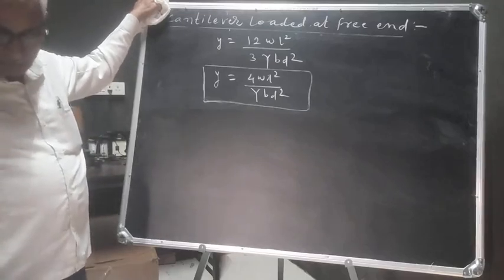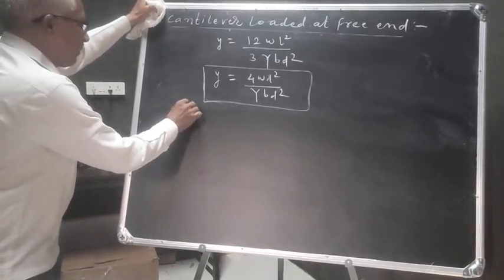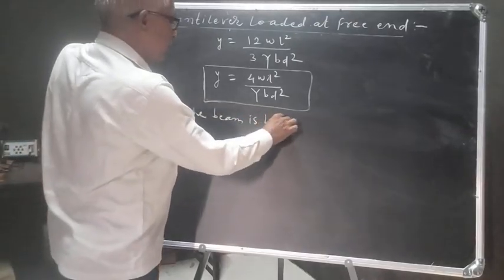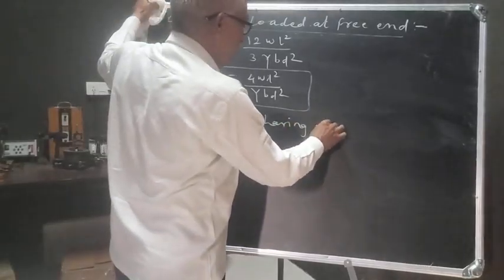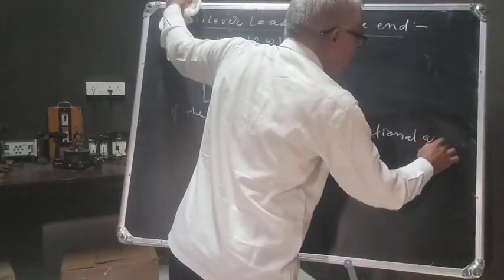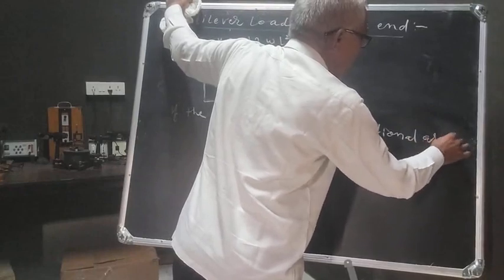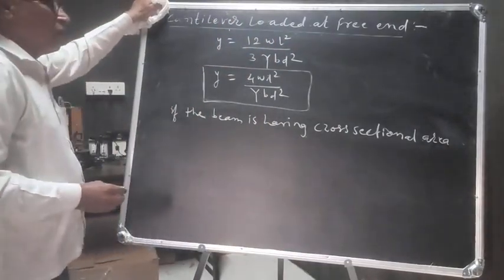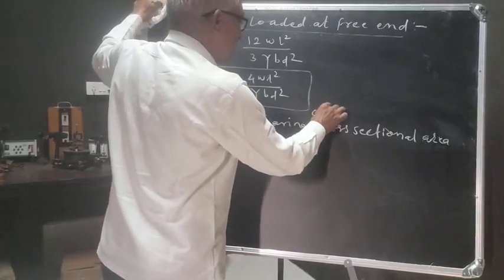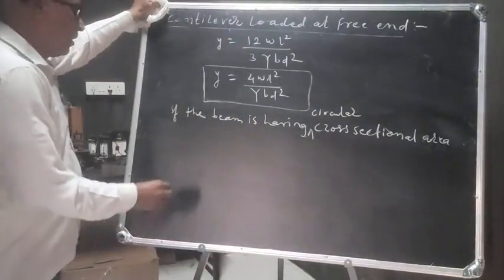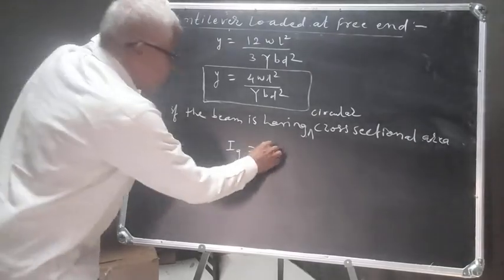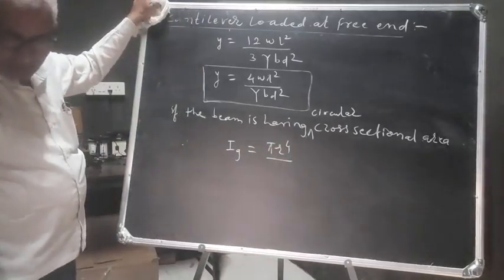If the beam has a circular cross section, then the geometrical moment of inertia is given by Iz equals pi r raised to 4 upon 4.